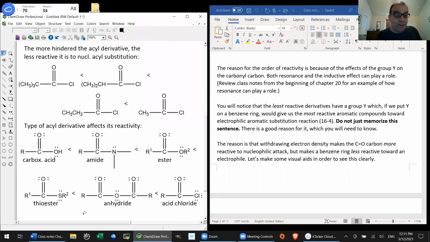Still more reactive than thioesters are acid anhydrides, and most reactive of all are acid chlorides. And candidly, anhydrides and acid chlorides are pretty close to the same reactivity, but I do have to give the slight edge to acid chlorides. I think in general, they're just a little bit more reactive.